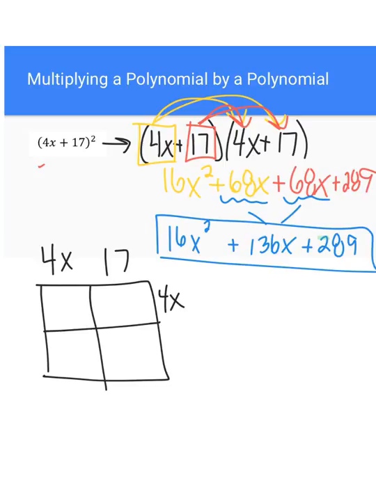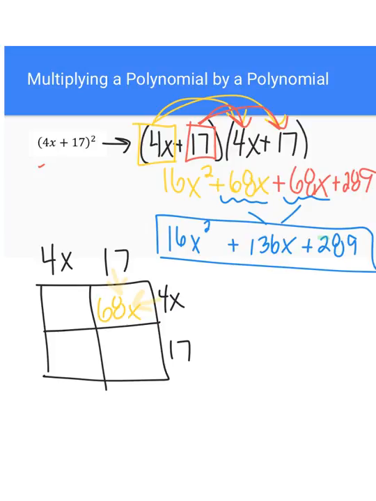Put that over here. And this just will help you multiply or organize your pieces. So if you want to look at what would make up this first box here, we would multiply the 4x and 17 for 68x.